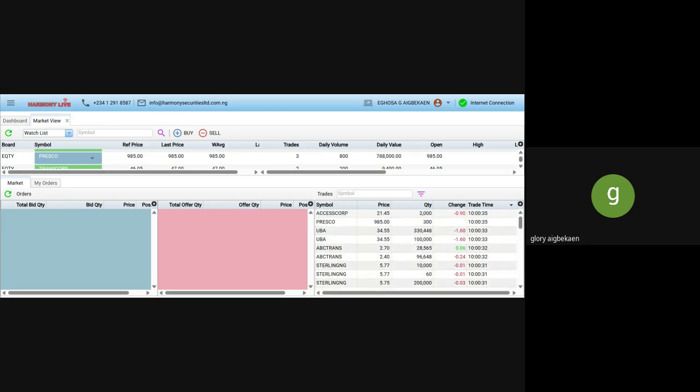The banks are taking a hit this morning. Even Zenith has lost about 3 naira 20 kobo this morning.